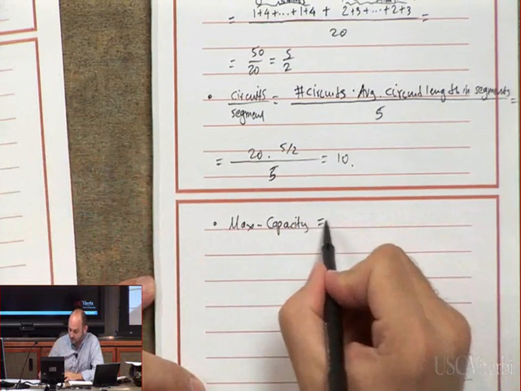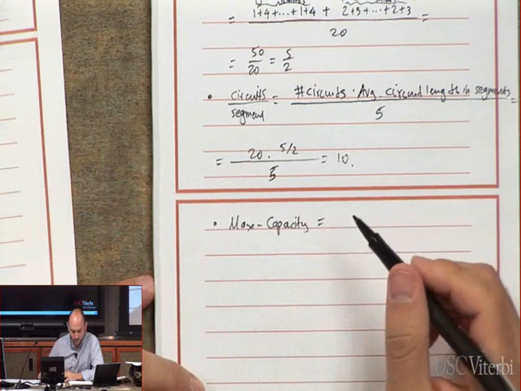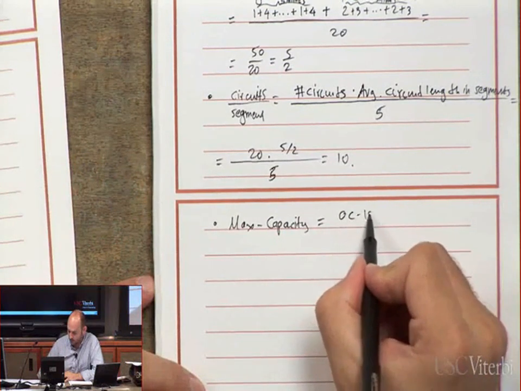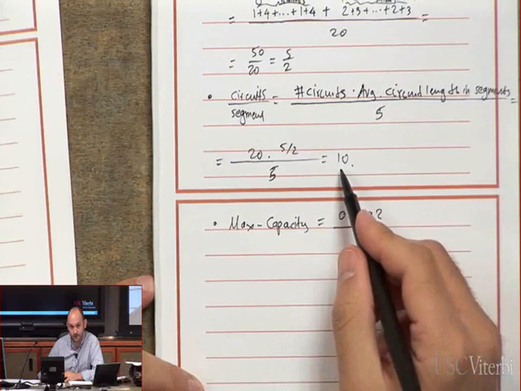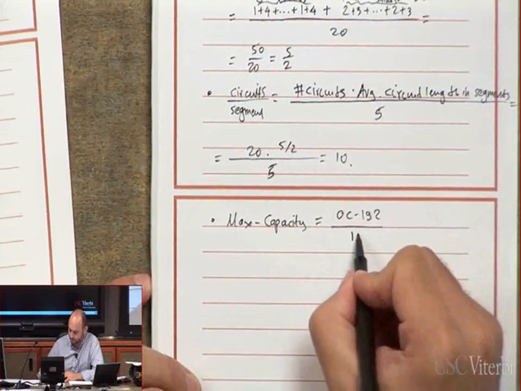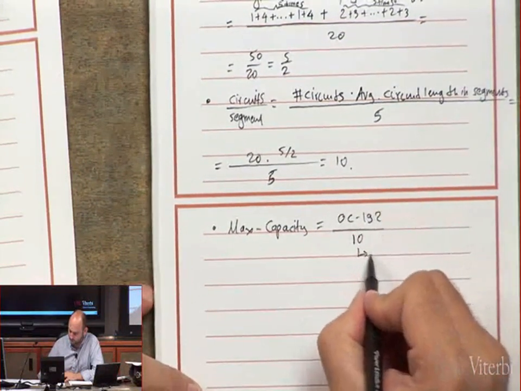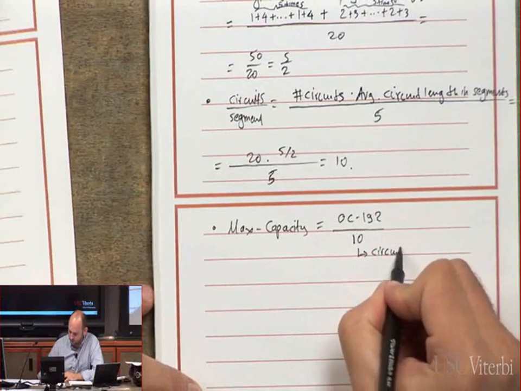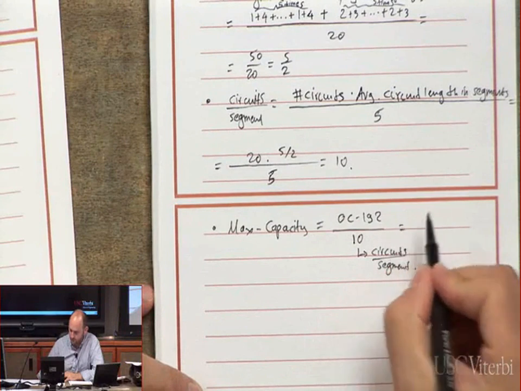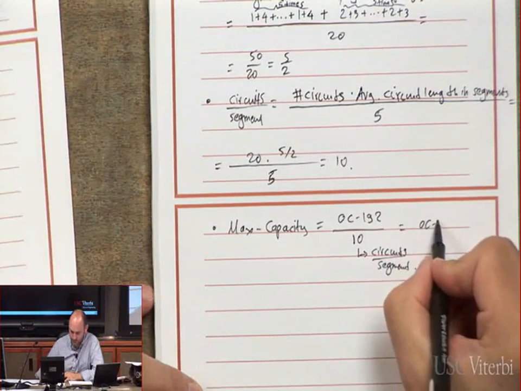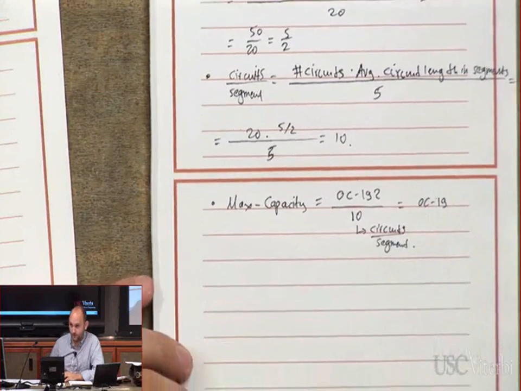Okay, so it's per segment. This is equal to OC-192 over what we just found over here, 10. And this is OC-19, assuming everything exists, okay?